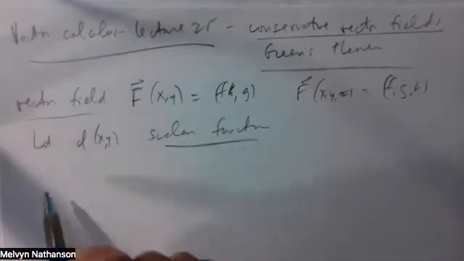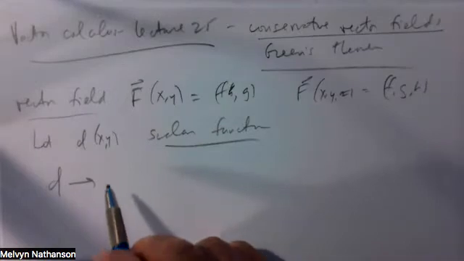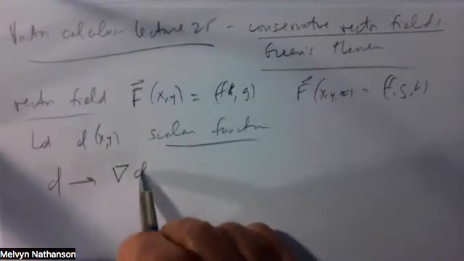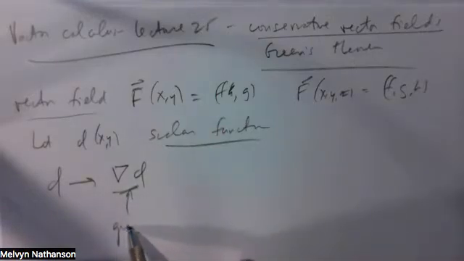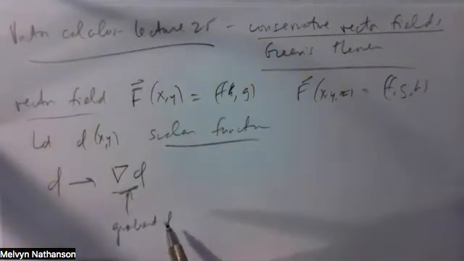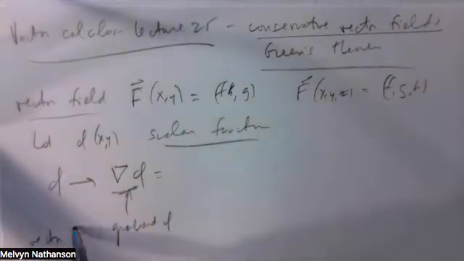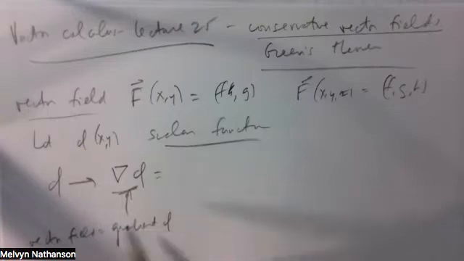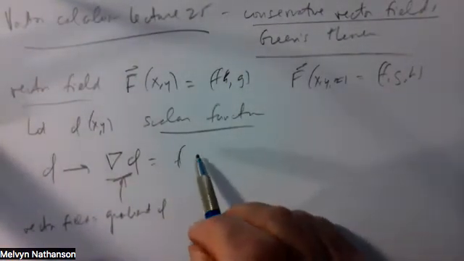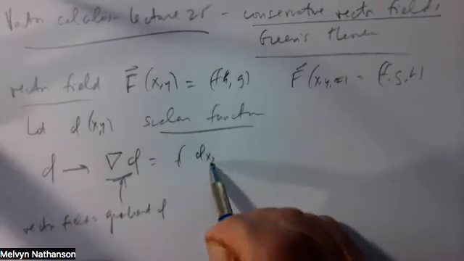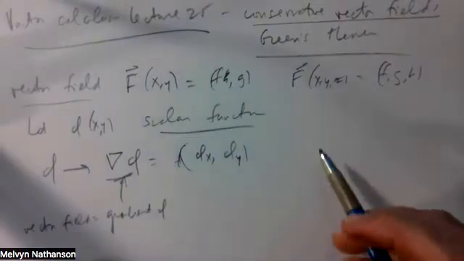From the scalar function phi, we can create a vector function, which is the gradient of phi, and it's a vector field. The vector field has first coordinate the partial of phi with respect to x, and the second coordinate is the partial derivative of phi with respect to y.